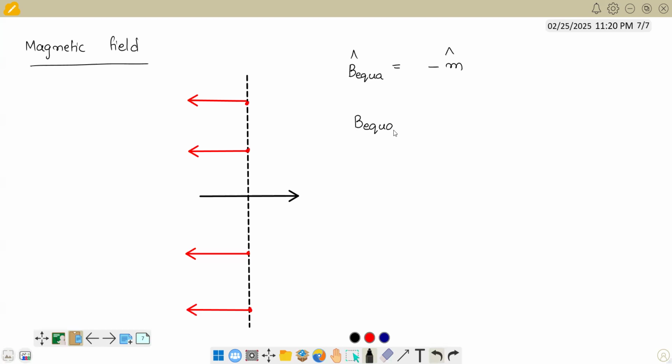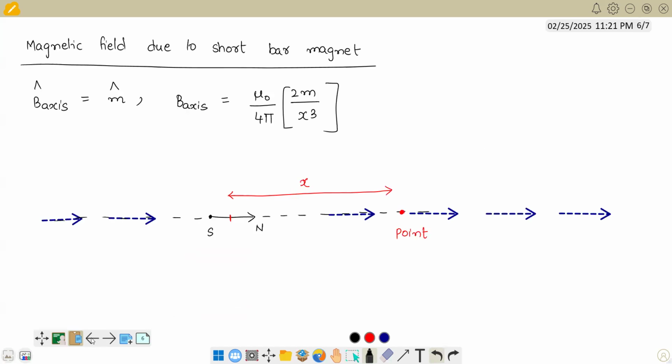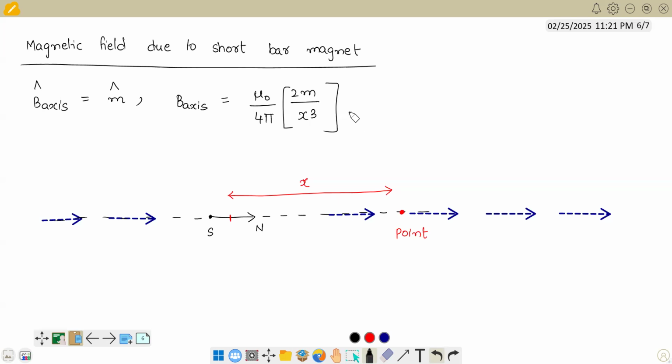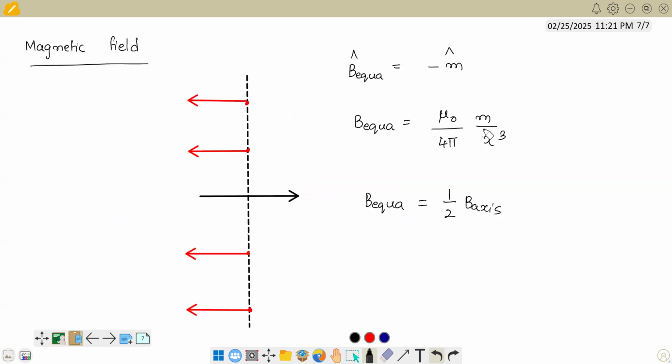The magnetic field value at the equatorial point would be mu naught by 4 pi into m by r cube. If you notice, on the axis it is 2m by x cube; x and r both represent distance only. So the magnetic field at the equatorial point is half of the magnetic field on the axial line, because on the axial line the formula is 2m by x cube. Here we are getting just m by r cube. And one more thing, the direction on the equatorial line is simply opposite to the direction on the axial point.